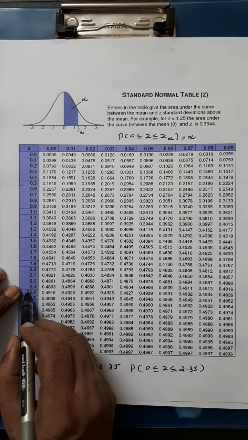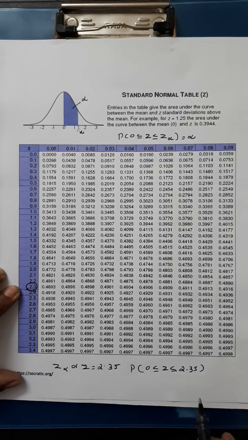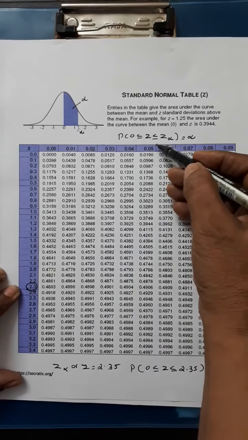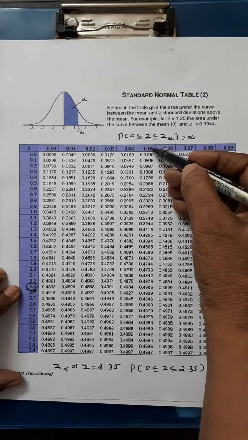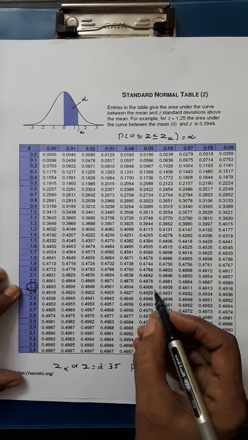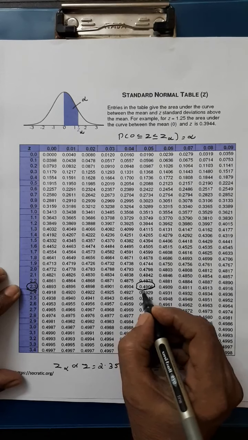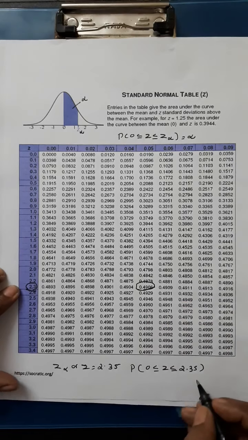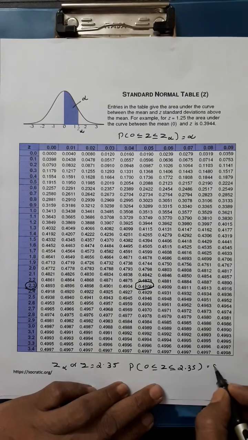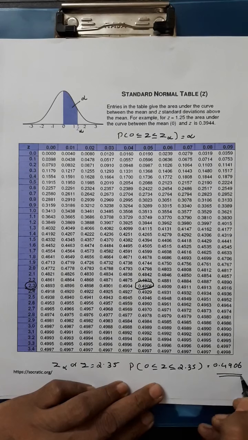This is 2.3, and we have a 5 here. From the column heading, search for 0.05. Then this is for 0.05. So the probability is 0.4906.